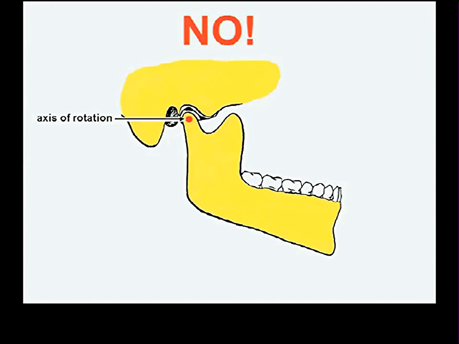And you should feel this bump riding downwards and forwards when you open, and backwards when you close. And that bump you are feeling moving is the lateral pole of your mandibular condyle. So if the mandibular condyle is moving downwards and forwards when you open, and backwards and upwards when you close, it can't be the axis of rotation because the axis is, by definition, something that doesn't move during rotation. So you've just proved it can't be the axis.